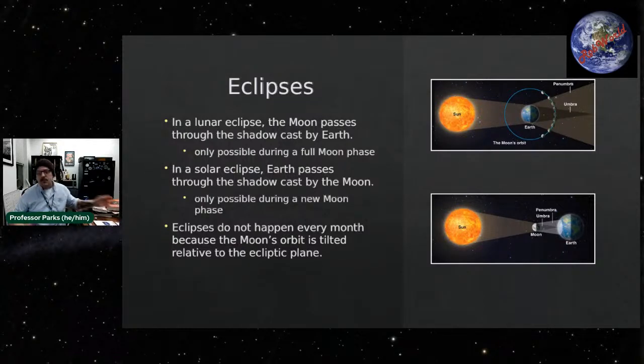So, what are eclipses? Eclipses are a phenomenon that has been traced back thousands of years. We have been observing eclipses and writing down that we've seen them for a really, really long time. And for a really, really long time, these eclipses kind of freaked people out, particularly solar eclipses. An eclipse is when the light emanating from either the moon or the sun gets blocked partially or blocked entirely.